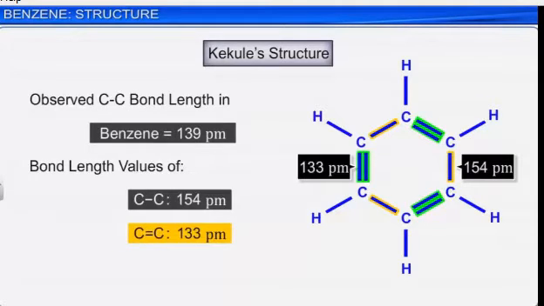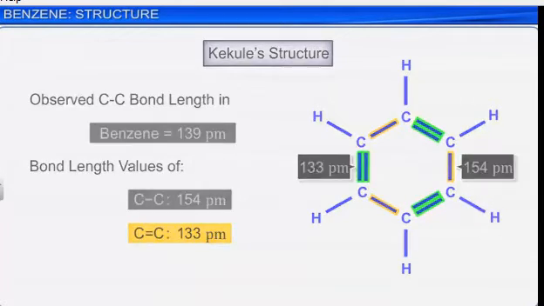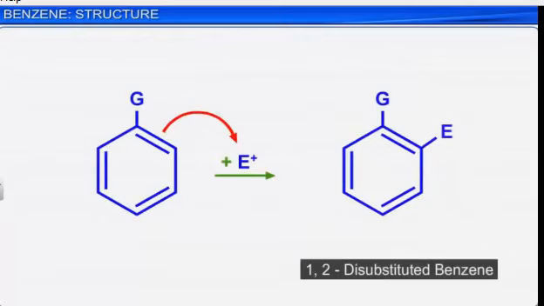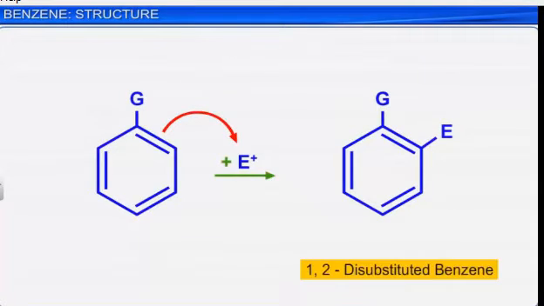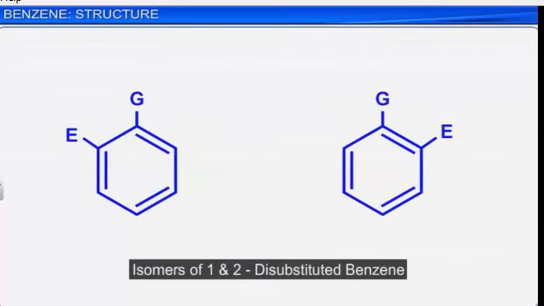This structure cannot explain the formation of only one 1,2-disubstituted benzene, because, according to this structure, two isomeric 1,2-disubstituted benzenes should result.